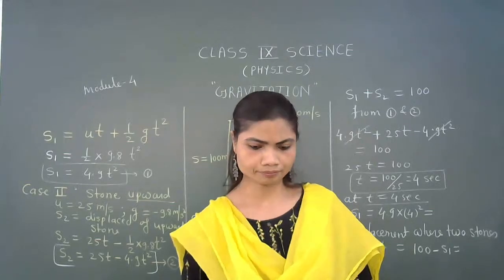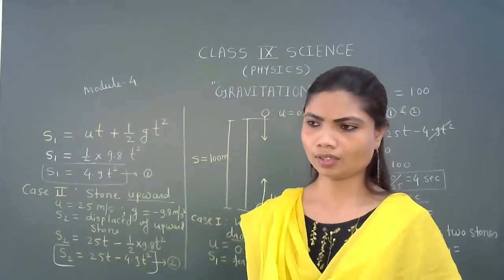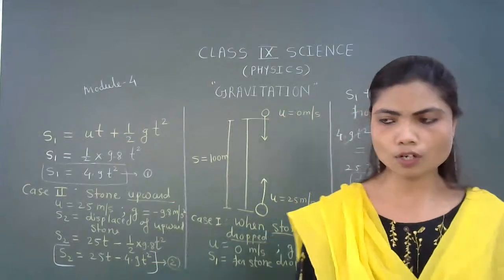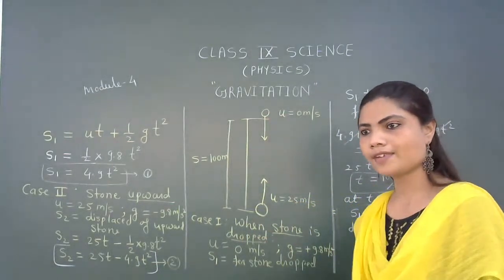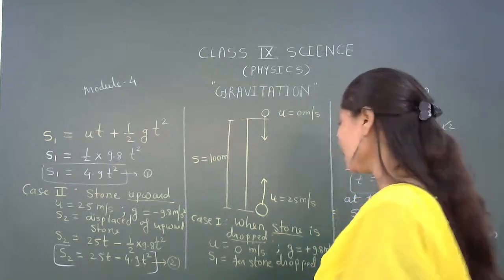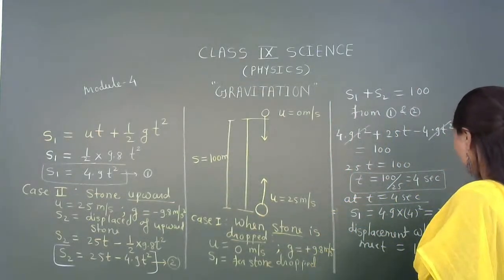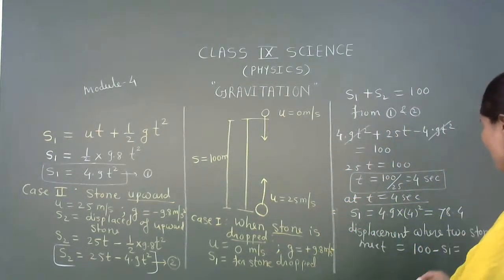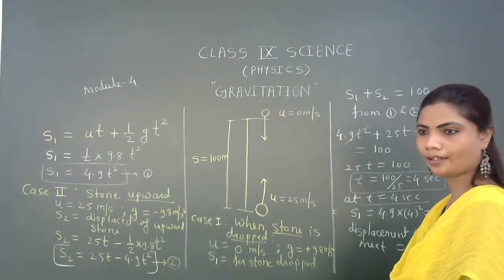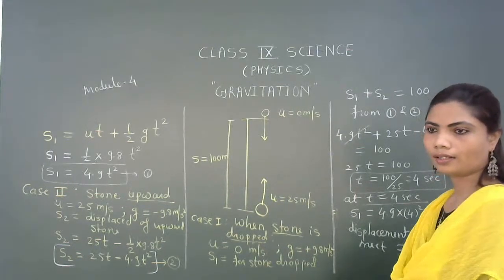Okay. So this is how we have understood the concept. Yes, very good. Vivada, Saniya, very good. 78.4, so what will be the value? 100 minus 78.4.